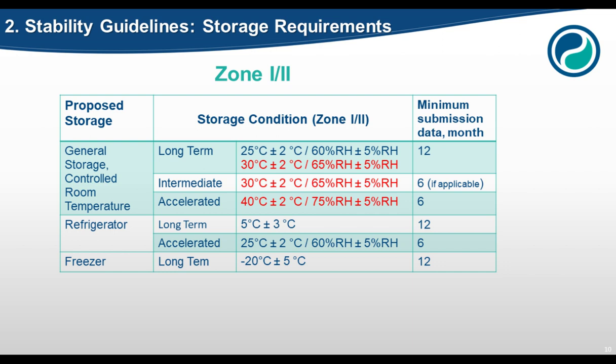If we do apply this as the long-term storage condition, there is no requirement for intermediate storage condition. If we keep our samples under refrigeration, the accelerated condition will be 25 degrees, 60% RH, and there is no requirement for intermediate storage condition. And for drug products we must keep under freezing condition, the long-term storage condition only is minus 20 degrees.